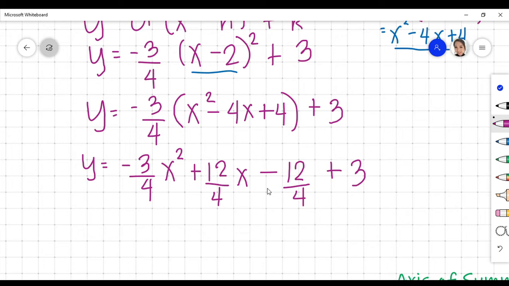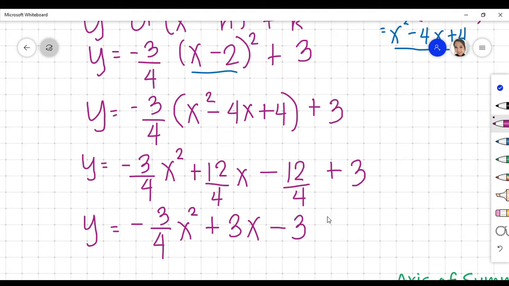And then, this time, we will simplify it. So, that is copy y, negative 3 over 4 x squared, copy yan. And then, yung 12 at saka 4, pwede siya ma-divide. So, that is positive 3x. And then, yung ito, ma-divide pa rin natin. So, since negative 12 siya, divided by 4, that's negative 3. Then, copy plus 3. O, tingnan nyo, di ba?